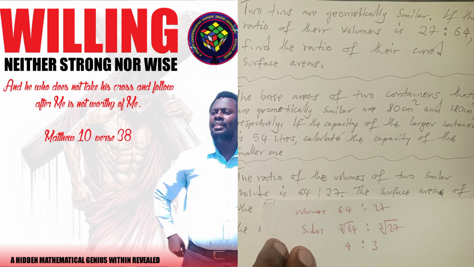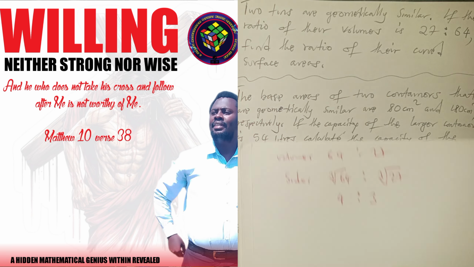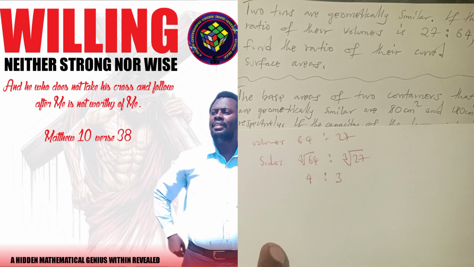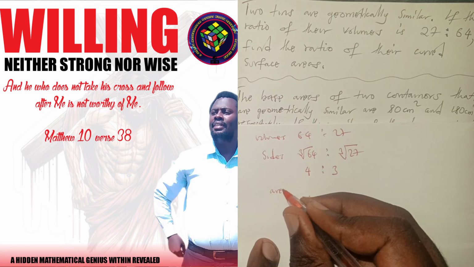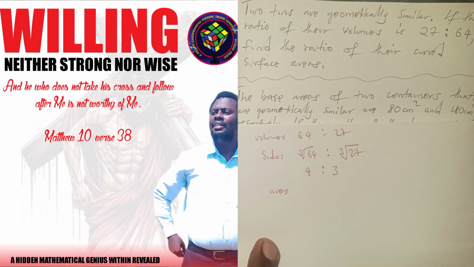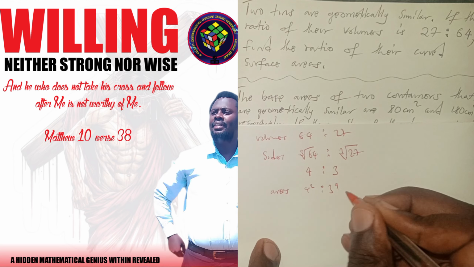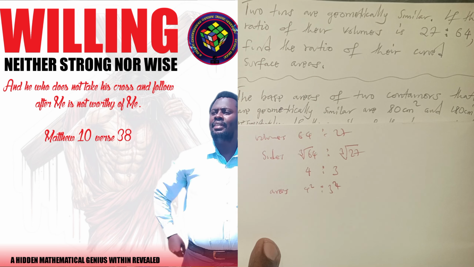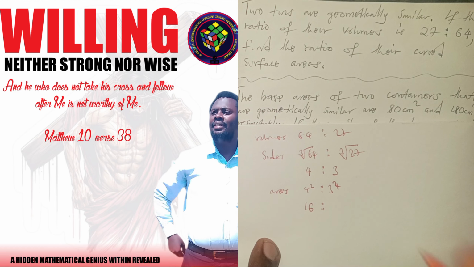So for the ratio of sides, we have 4 to 3. Then we convert that to the ratio of areas. For the ratio of areas, you just square the ratio of sides. So it is 4 squared to 3 squared. 4 squared is 16 to 3 squared, that is 9.